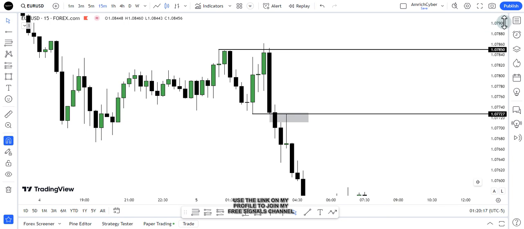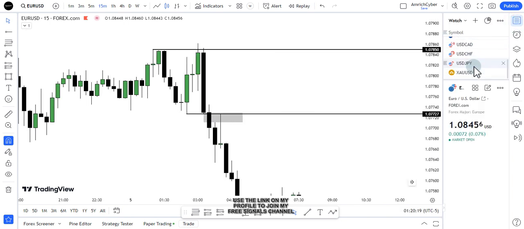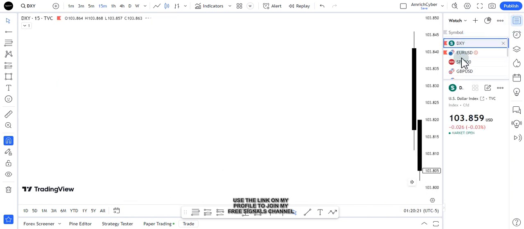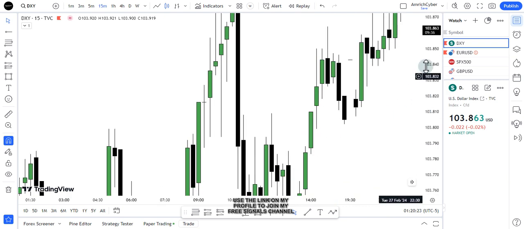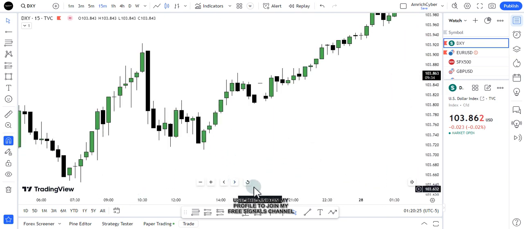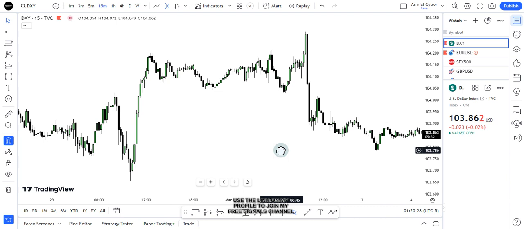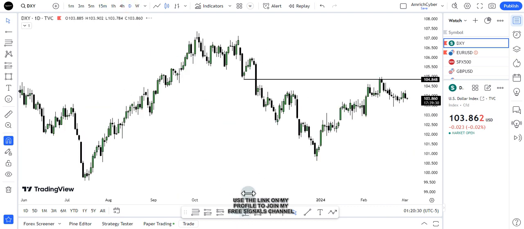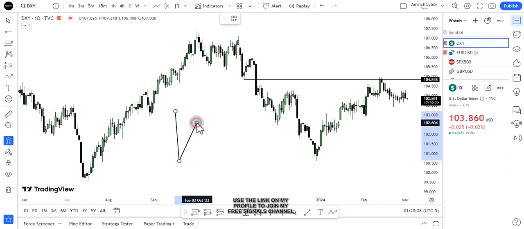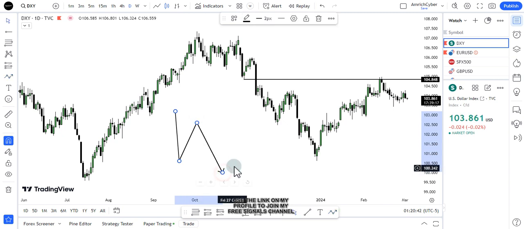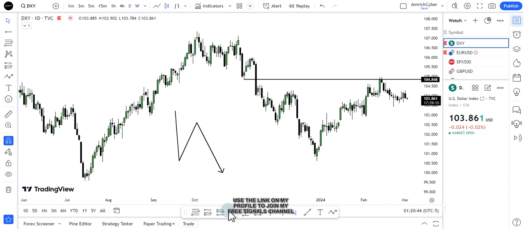Now let's talk about a mitigation block. So for a mitigation block, this is what price will do. First, price will create a high, then drops and creates a low, and then goes up, and then breaks the recent created low.